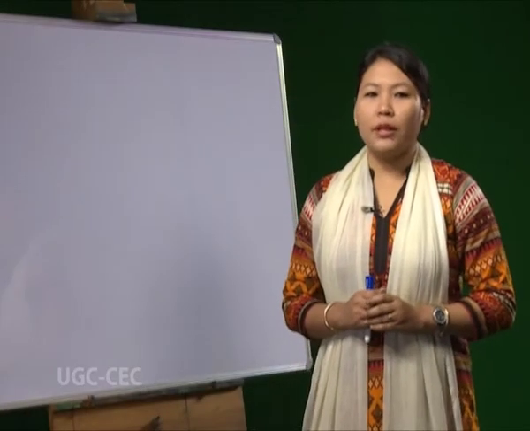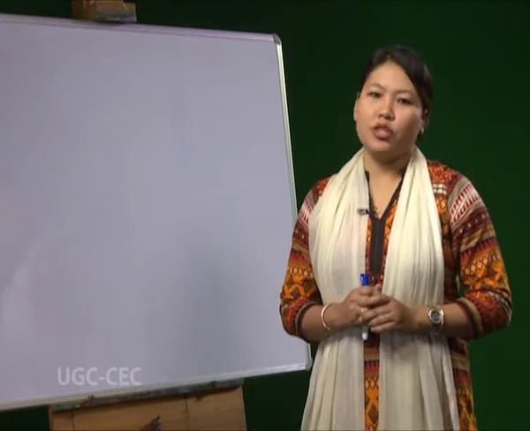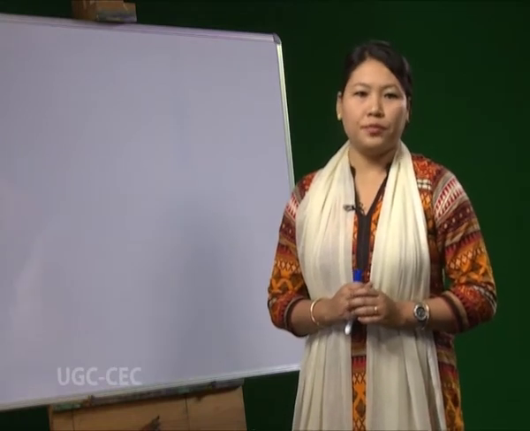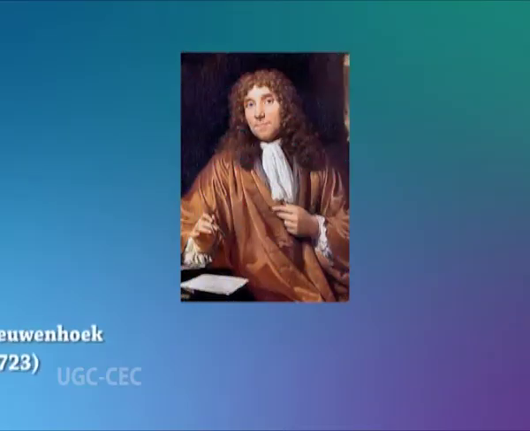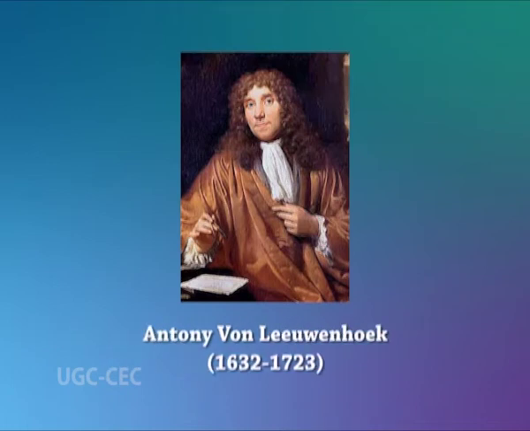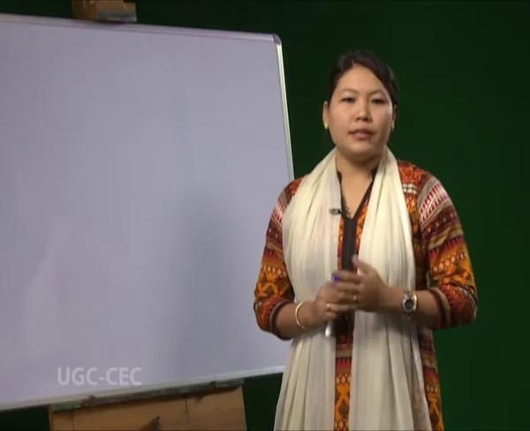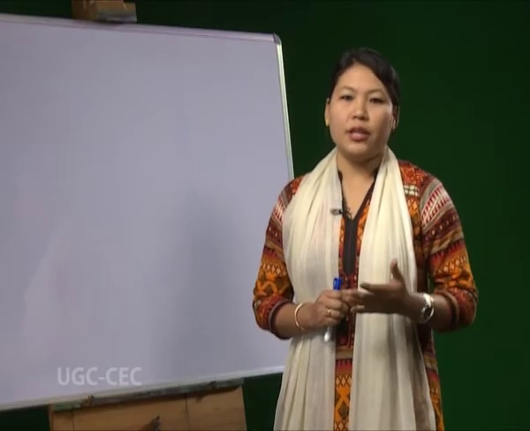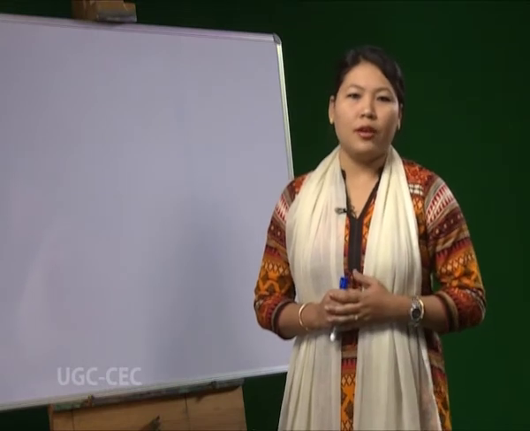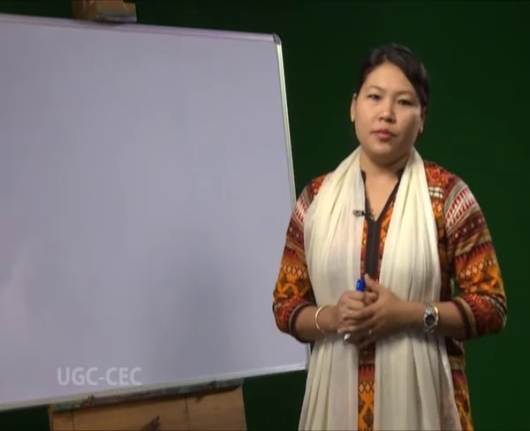So now we'll come to the yeast cell, its structure and function. Antony von Leeuwenhoek was the first person to describe this yeast cell. As mentioned above, its thallus or vegetative body is unicellular and non-mycelial.